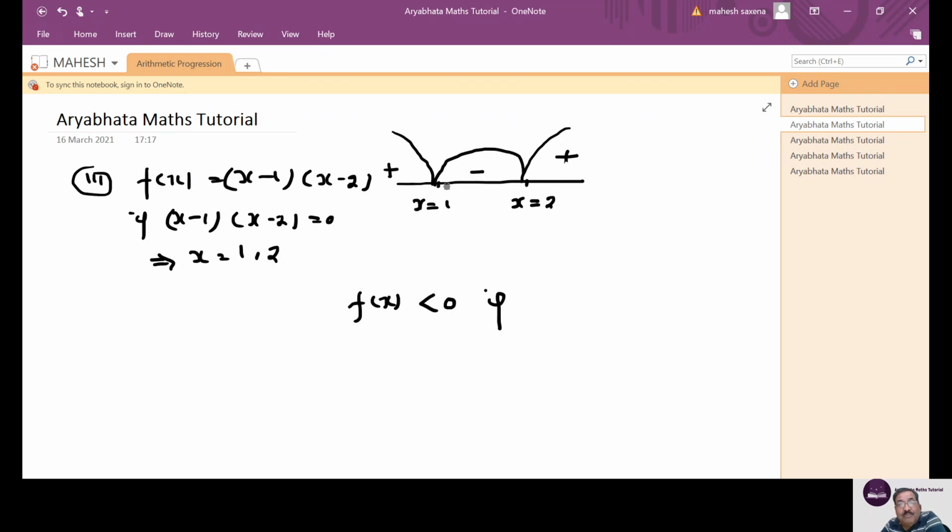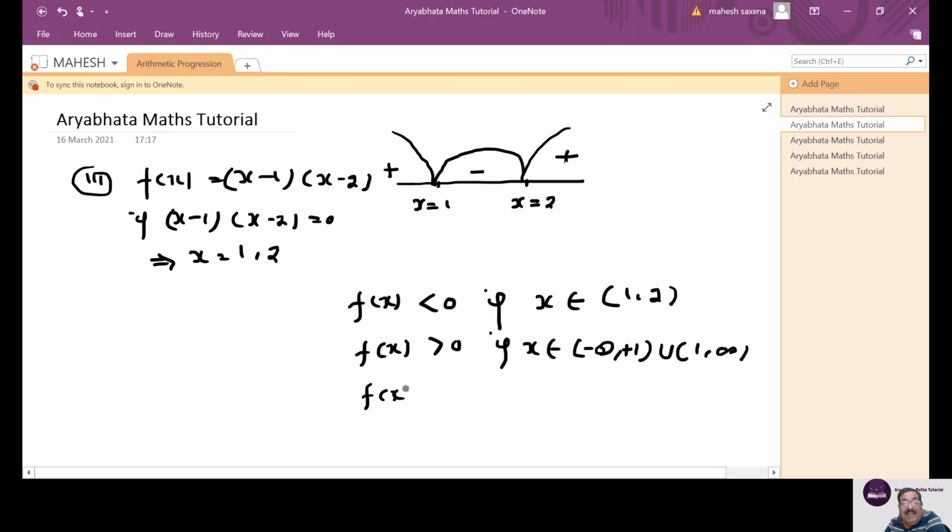It means x should be between 1 and 2, that is x belongs to the open interval (1, 2). f(x) is greater than 0 if we take the positive signs here, x should be less than 1 or x should be greater than 2. So x belongs to (minus infinity, 1) union (2, infinity).